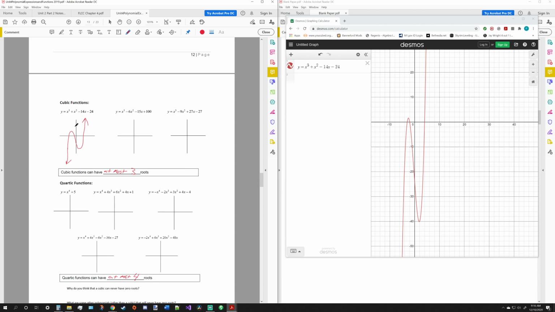So again, just to point out those x-intercepts on the cubic: 1, 2, 3. But again, if we think about how it's shifted, it could have less than that, right? But at most 3.